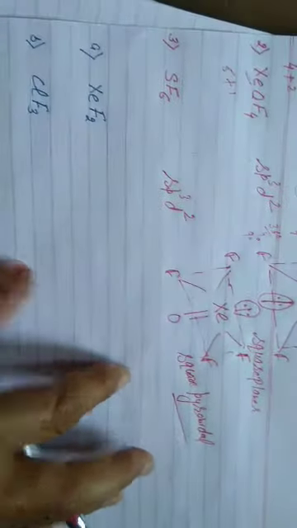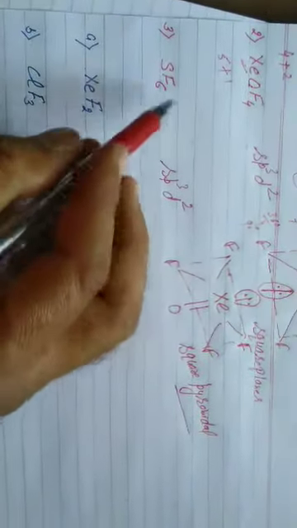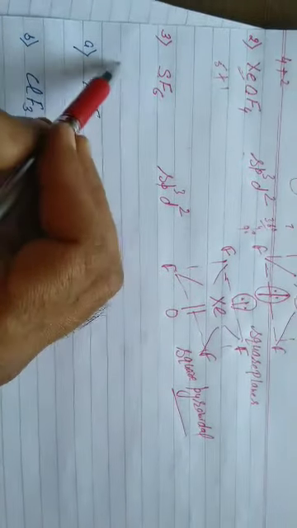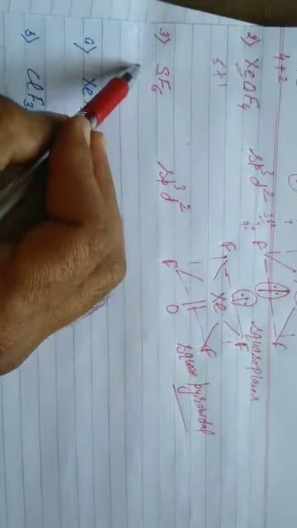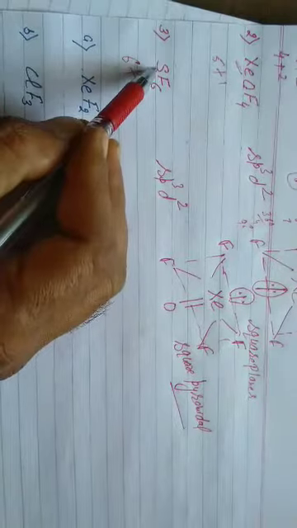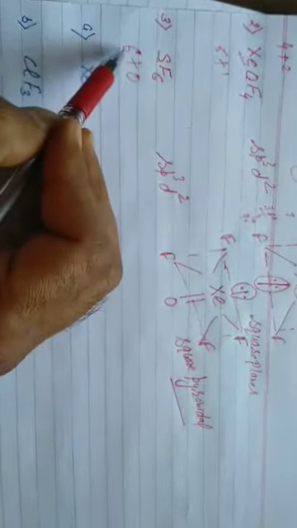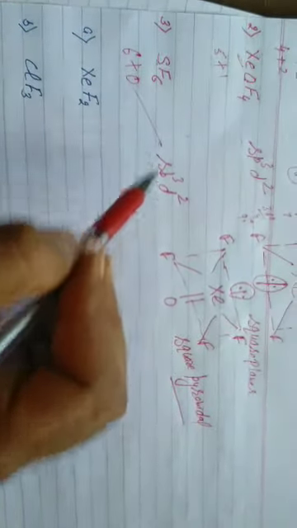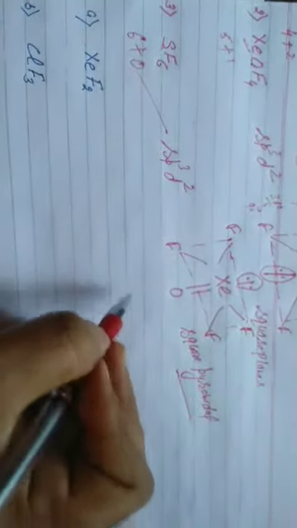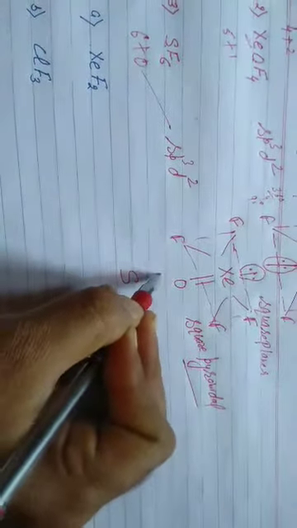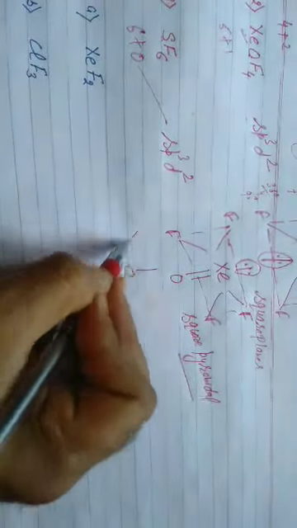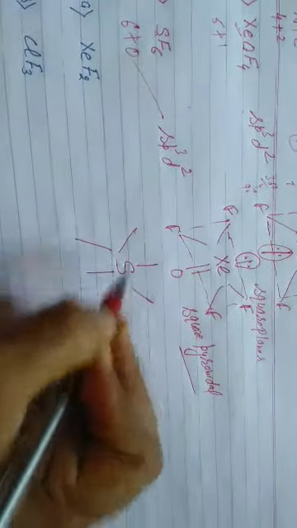Next, give the shape of SF6. Atoms around the central atom 6 plus lone pair. Sulfur has 6 valence electrons, all are shared, 0 left. According to N plus L rule, we got 6, that is sp3d2. What we have to mention? Design the geometry for sp3d2 at first.